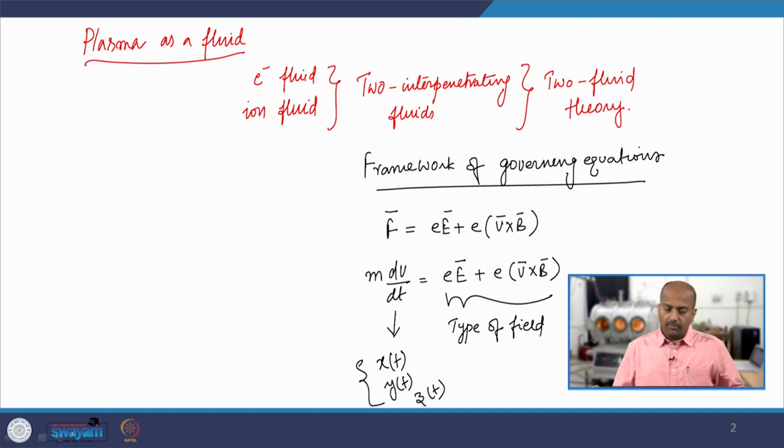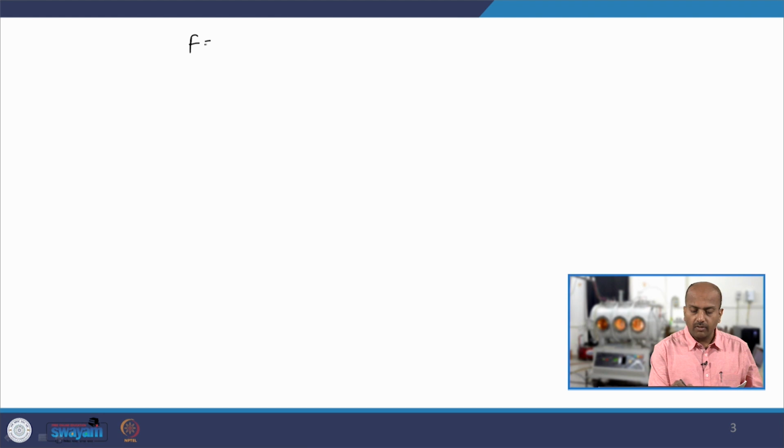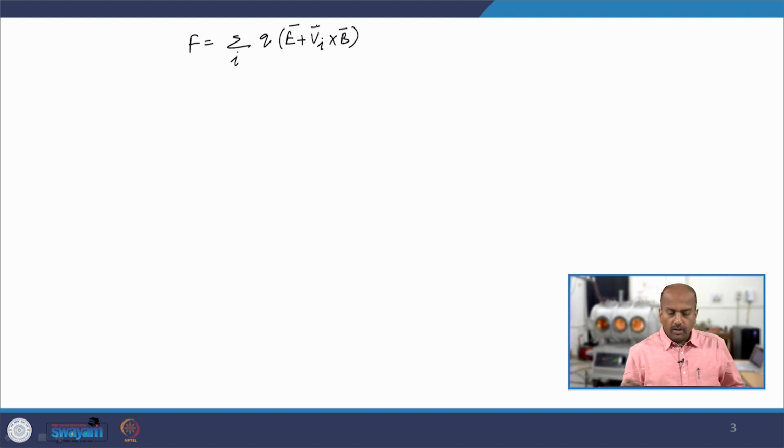Now, more importantly, plasma most of the times can be easily explained by considering it as a fluid, right. Now, how do we make the change? So, let us say we start from the basic equation. We will say F, if it is made up of n number of particles, F is the summation over i of Q times E plus Vi cross B, right, where we can use the mean velocity.